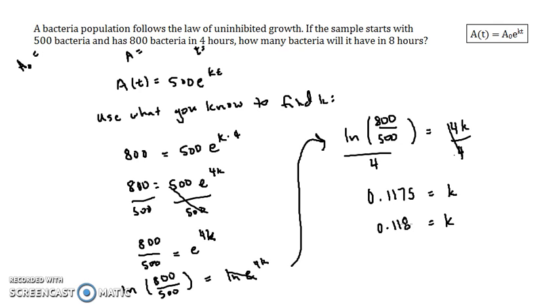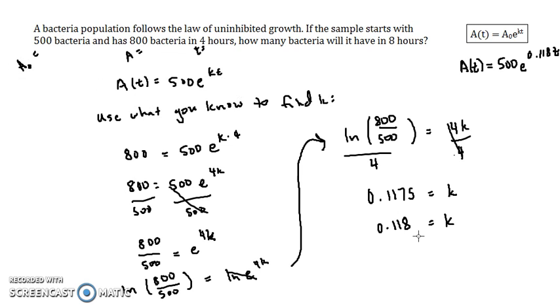If you round this one to 2 decimal places, it may make it a little bit hard, but you can if you want. It just might not match the book exactly. Okay, so now we've got our initial amount, we've got our rate, so we have got the setup to our equation. We've got A of t equals 500 e to the 0.118t.